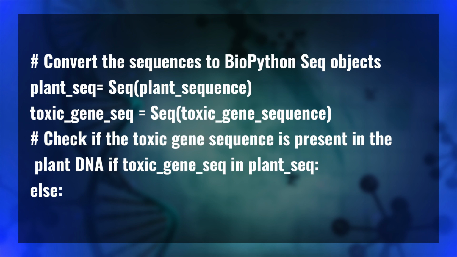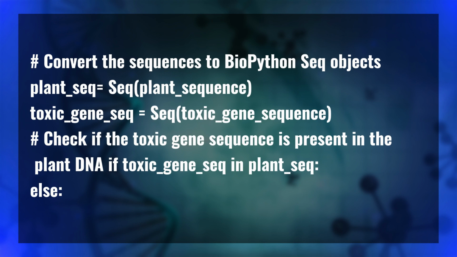You may find it difficult at times, but believe me, it's just very simple computer language that we are going through. First of all, we decided the plant sequence by giving it a variable name, plant underscore seq. After that, we have given another variable name, which is toxic gene seq.